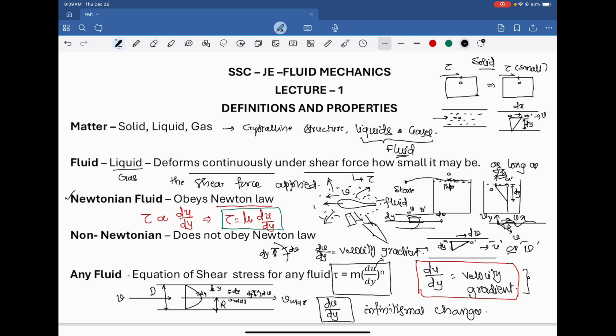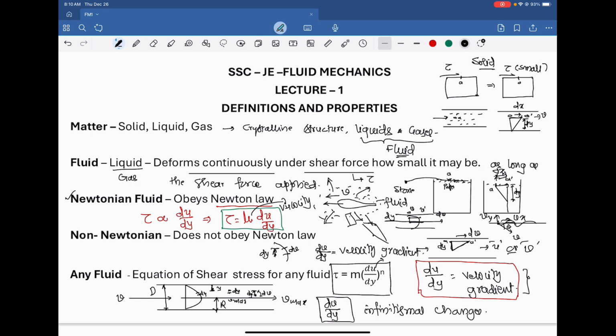As per Newton's law, shear stress is directly proportional to velocity gradient du by dy, and the constant of proportionality introduced by Newton is called mu, which is nothing but viscosity. I will come to viscosity in the next definition.